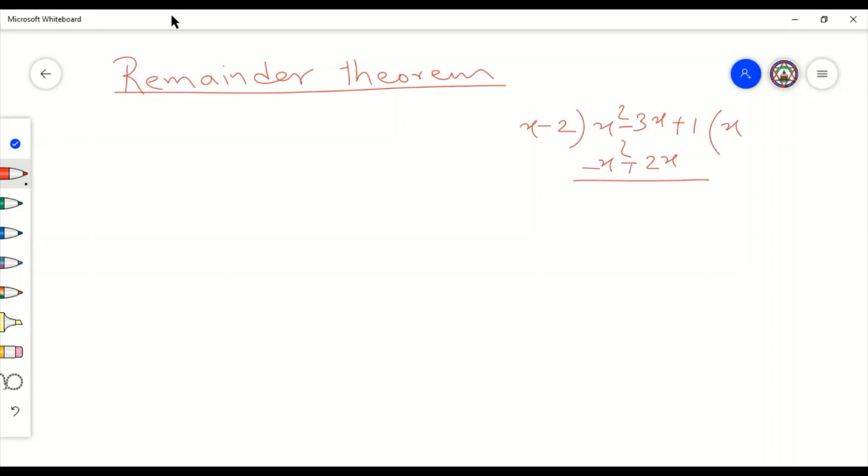Now this will be cancelled out. The x squared and x squared cancel, and we have minus x remaining, and plus 1 is brought down.